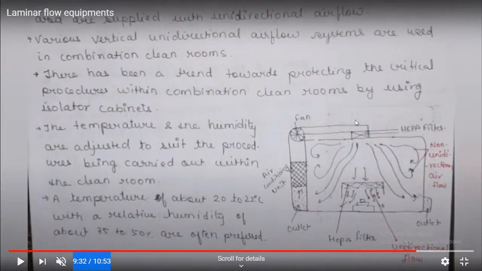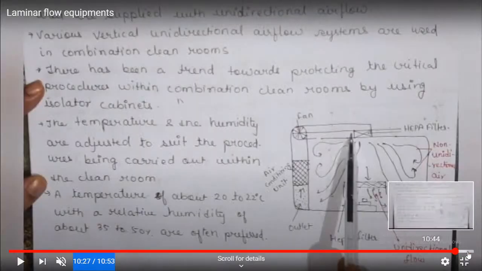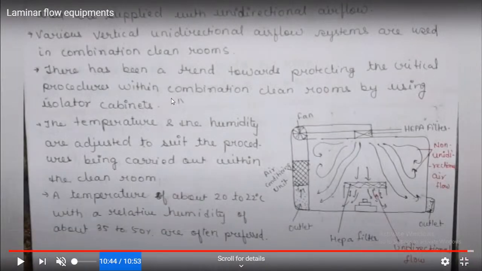See how the combination works, unidirectional and non-unidirectional critical areas. Here two HEPA filters are used, one here and another in the room. In that place there is unidirectional flow, and here again there is a difference.